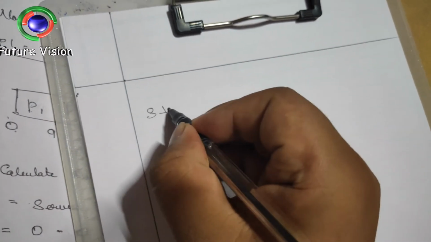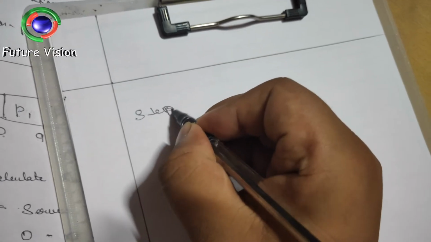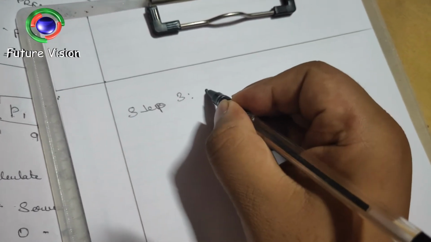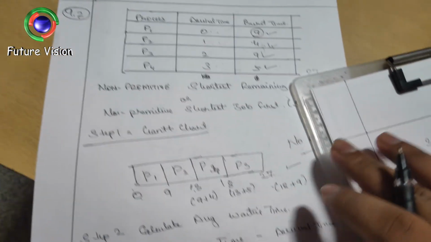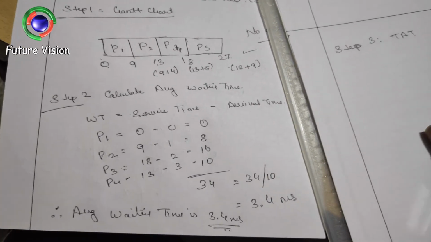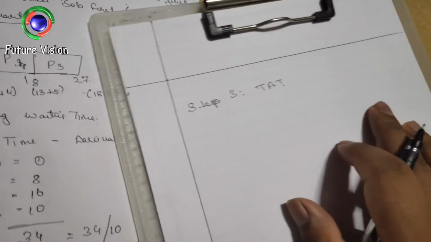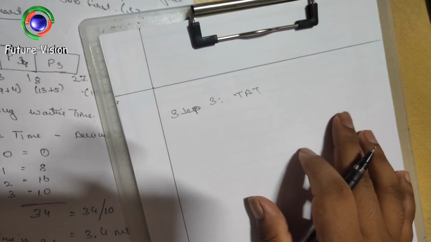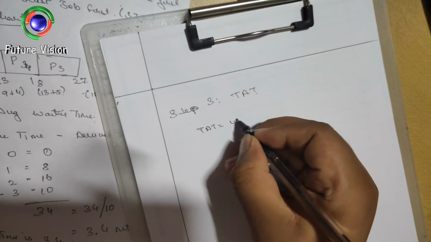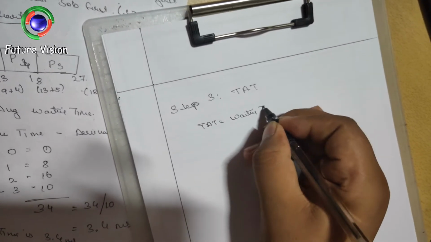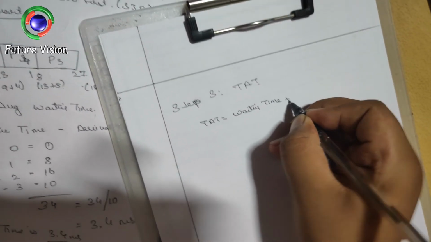Okay, as we know, step 3 is turnaround time. Here we have our processes and what we have calculated. Turnaround time is nothing but waiting time plus burst time.